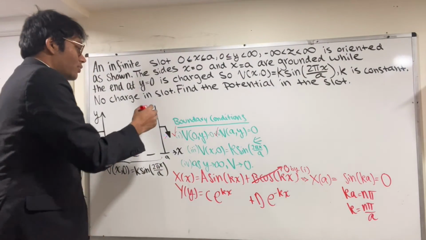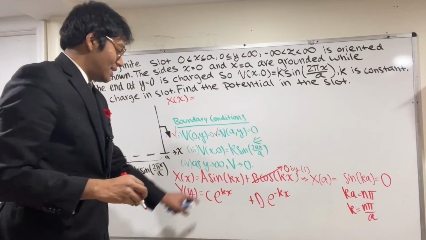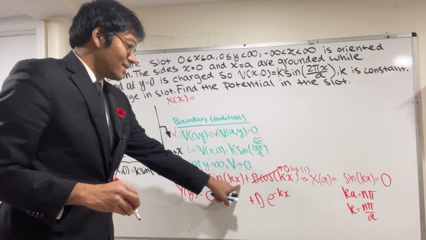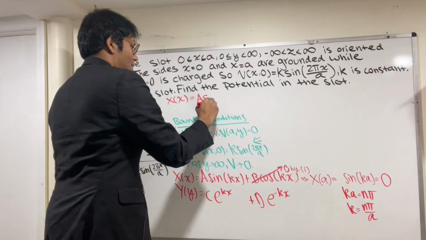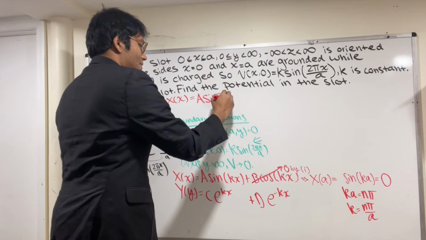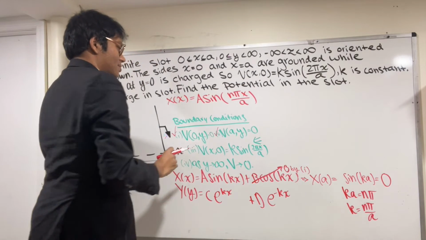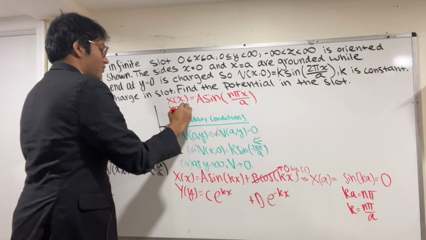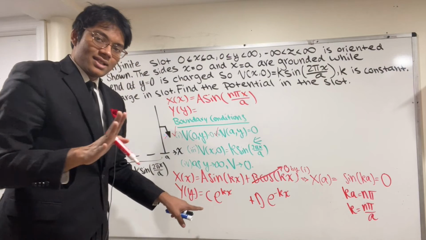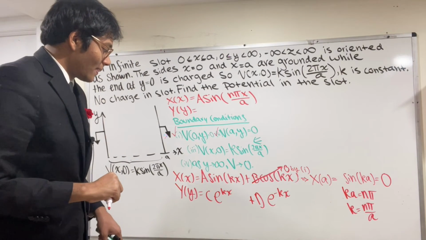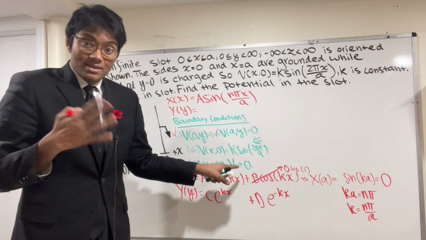Okay, so let's write down what we have so far. We've just figured out that our x potential function is a sine kx, where k is n pi over a. And what about our y potential function? Well, I'm going to simplify it just a bit more. I know that as y increases, the potential has got to decrease, since there's no charge in the slot.